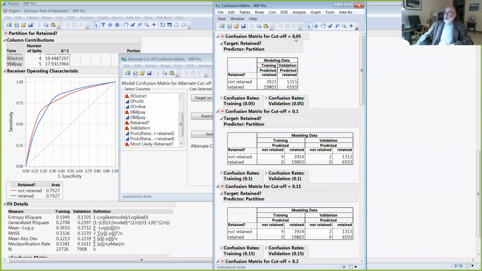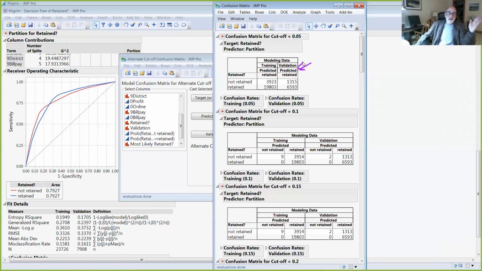And so notice at a cutoff right up here, 0.05, we're saying anything that the model predicts at least a 5% probability of retention will be predicted retained. And notice the training and validation confusion matrix here only have one column each.